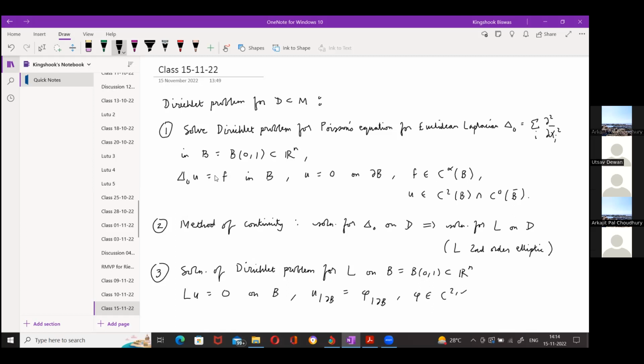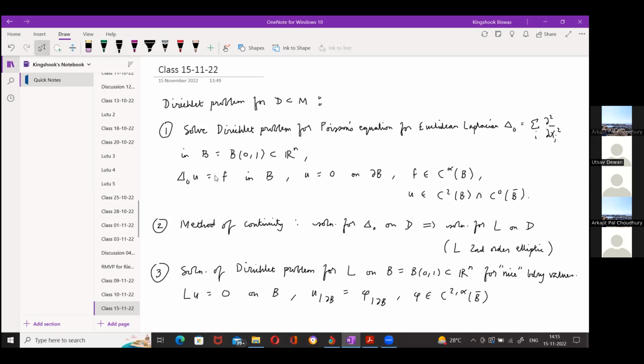It was in C2 alpha of B closure, right? Okay. So this was the solution for nice boundary values. Okay.